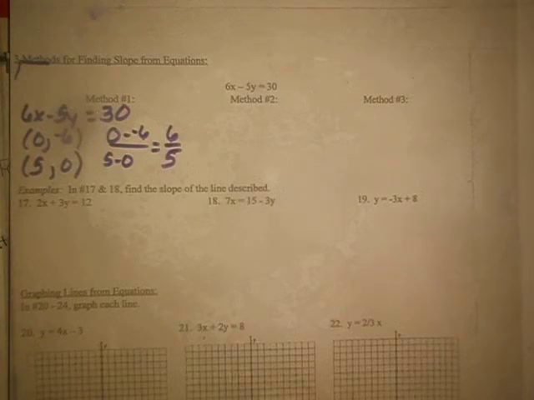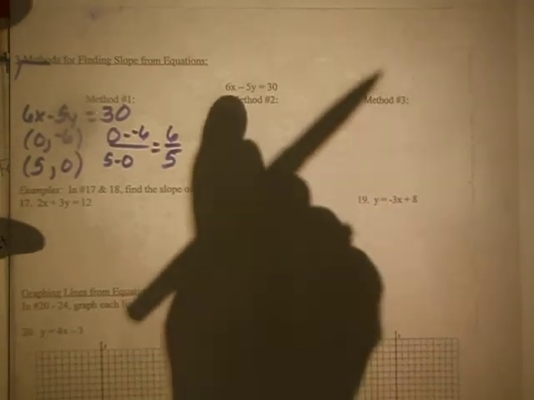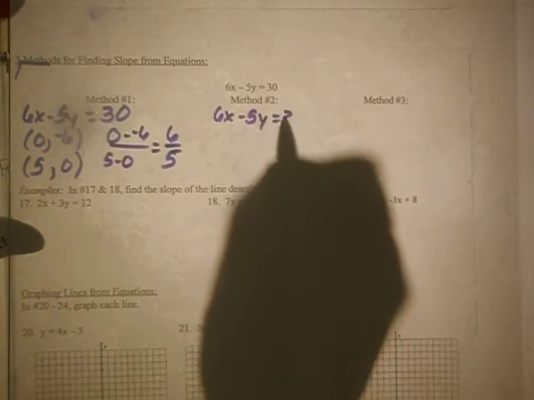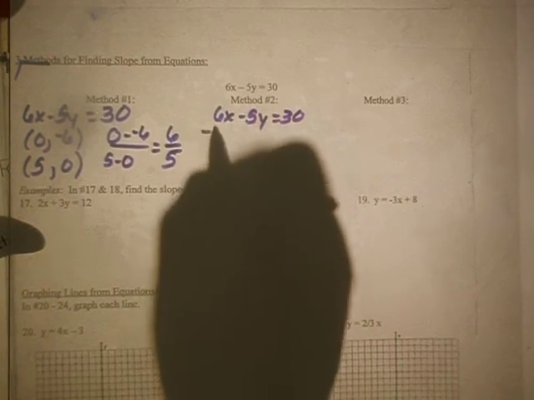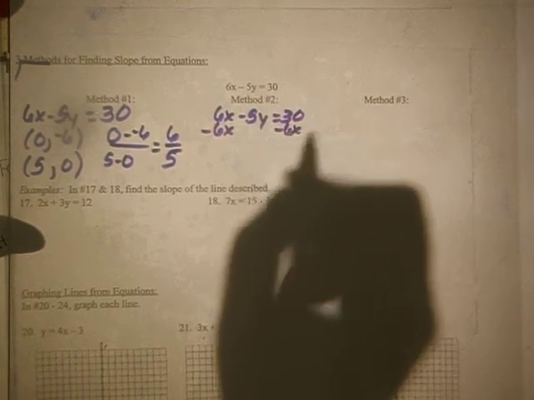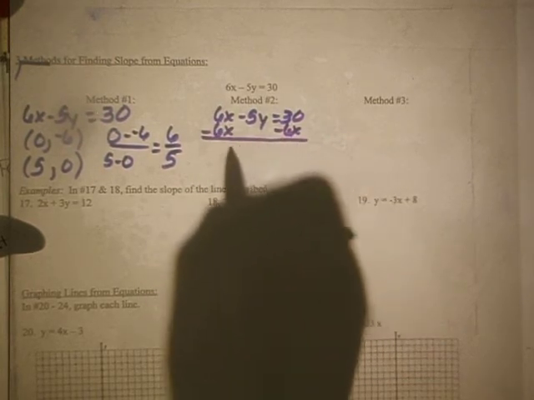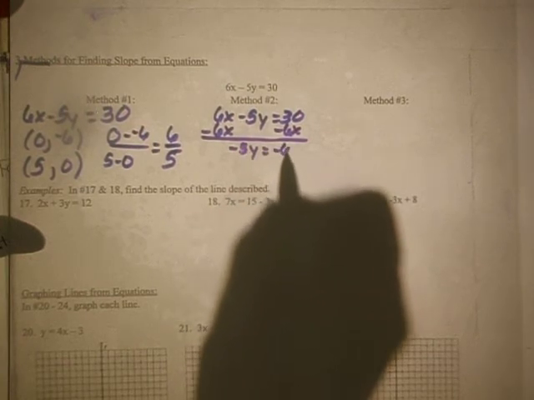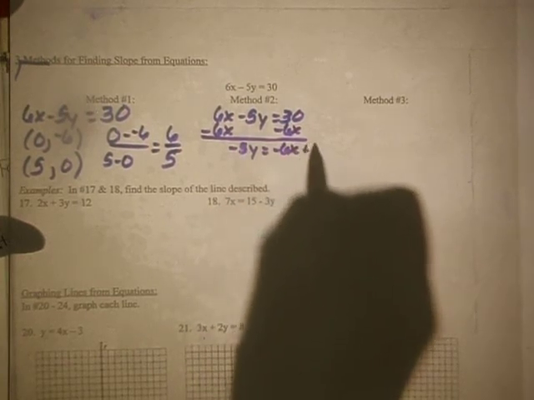The way we looked at today is slope-intercept form, and we can take this same equation and manipulate it. First of all, we subtract 6x from both sides, and we would then have negative 5y equals negative 6x plus 30.